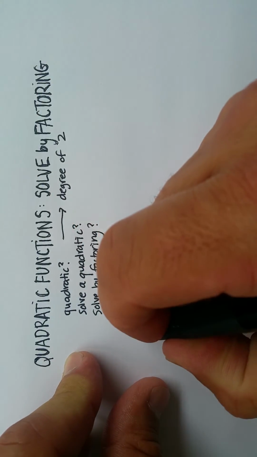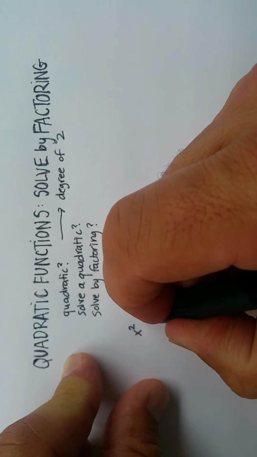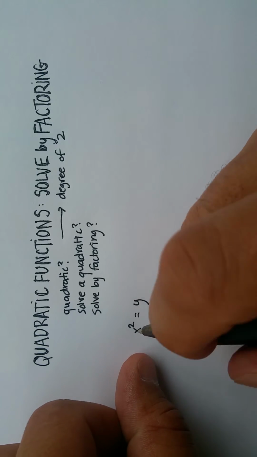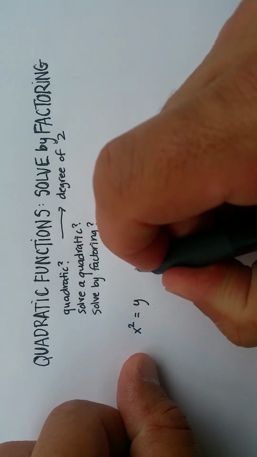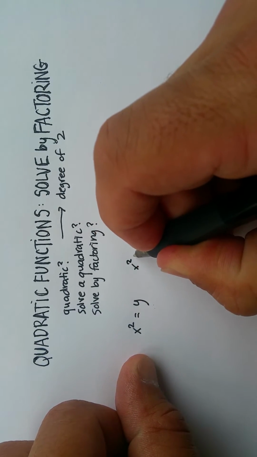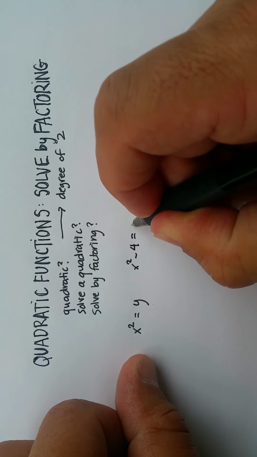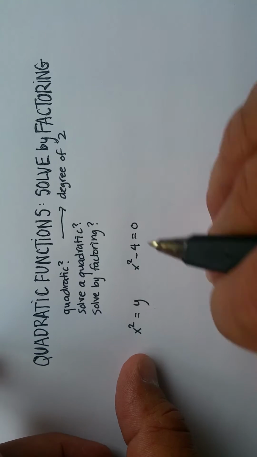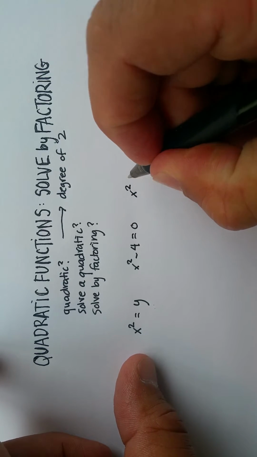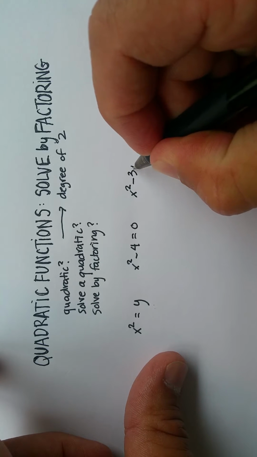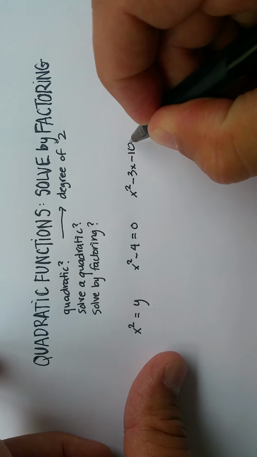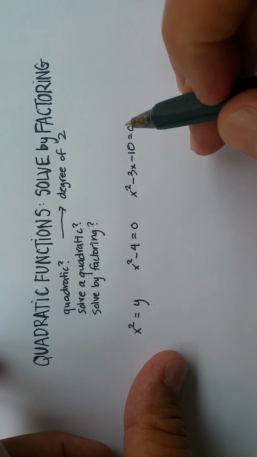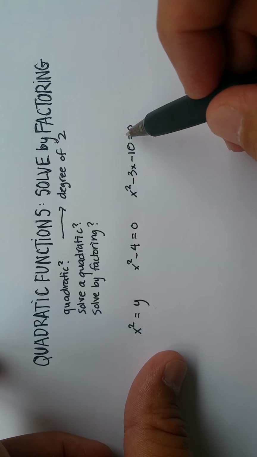So for example, x squared is equal to y would be a quadratic because the largest exponent is a 2. x squared minus 4 is equal to 0 would be a quadratic because the largest exponent is 2. x squared minus 3x minus 10 is equal to 0 is also quadratic because the largest exponent is 2.